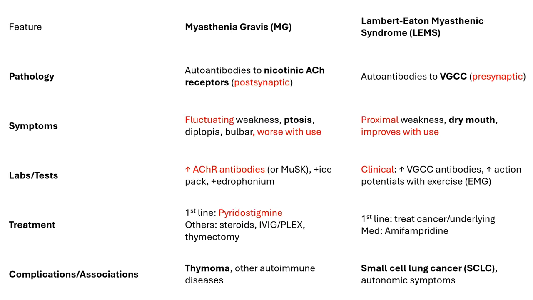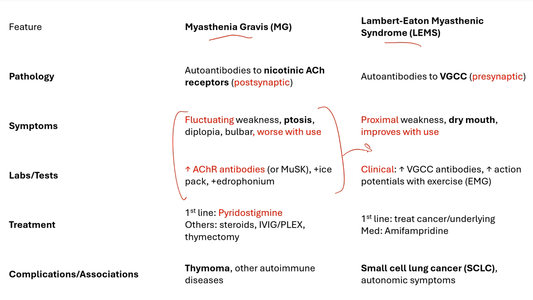Now here is a table comparing myasthenia and Lambert-Eaton syndrome. What I want you to take away from this is that essentially, if you know the symptoms, the labs for one of them, you should understand that the other one is pretty much going to be the complete polar opposite.